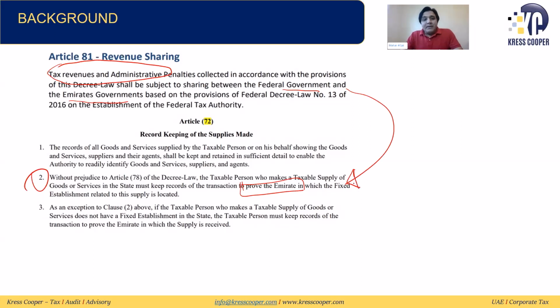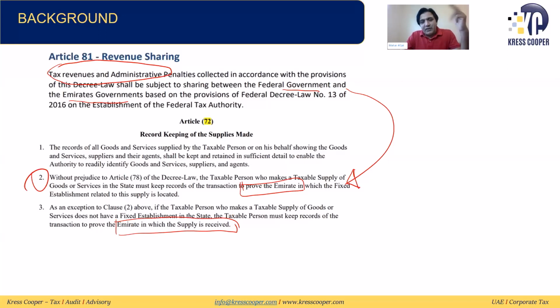Then they said that where a business has no fixed establishment in the UAE, the taxable person must maintain a record for the transaction to prove the Emirate in which the supply is received. This was written in the repealed VAT law.